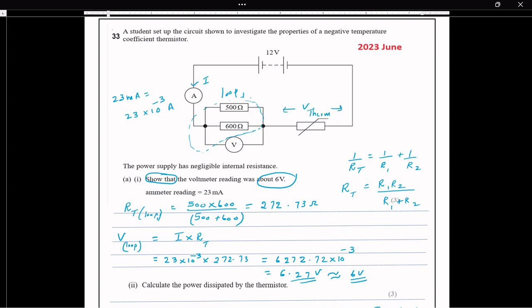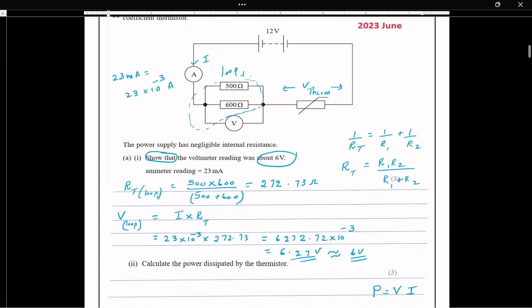Since the loop is in series with the thermistor, the supply voltage of 12 volt is distributed between the loop and the thermistor. The loop voltage we already found is 6.27 volt.